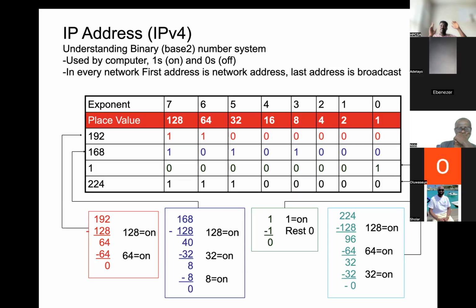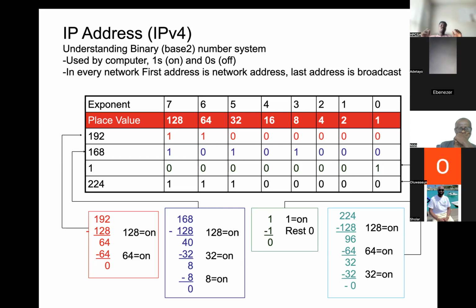So for IPv4, you have a binary system, and we look at the place value: 128, 64, 32, 16, 8, 4, 2, 1. Just remember the place value.